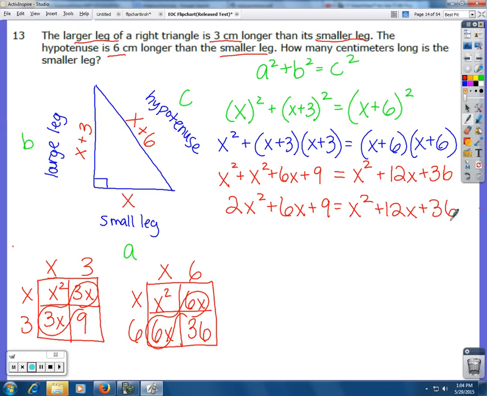Now I'm just going to continue moving everything to the left hand side. First I'm going to move my x squared. Next I'm going to move my 12x.